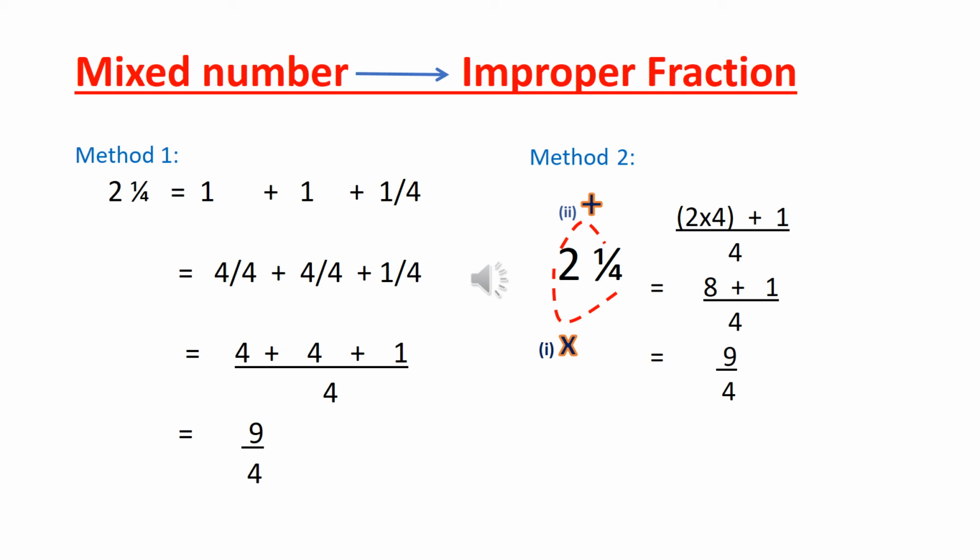In method 2, there is an easy method. The whole number is multiplied by the denominator. 2 multiplied by 4. The answer is 8. After that, the answer is added to the numerator. Then we get the numerator as 9 and the denominator is the same, 4.